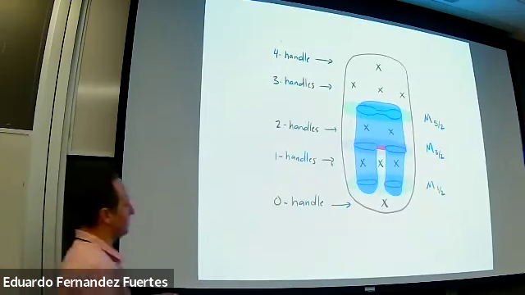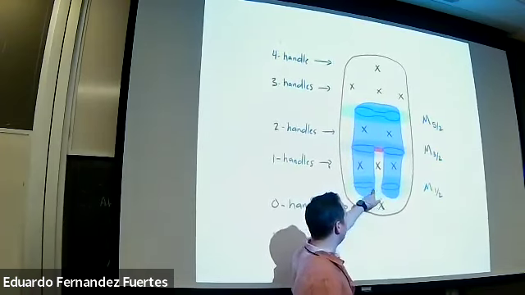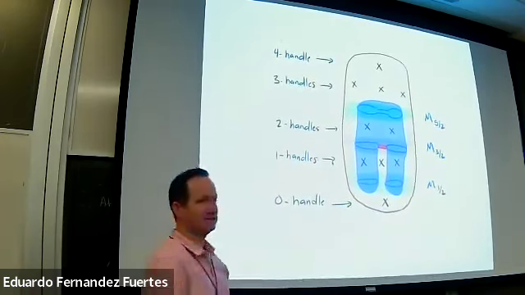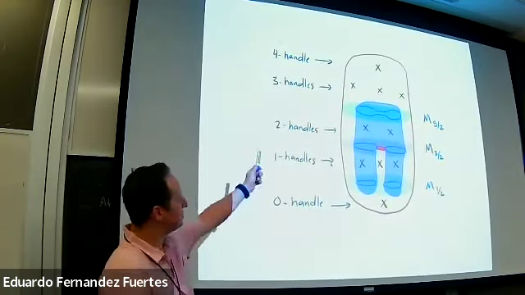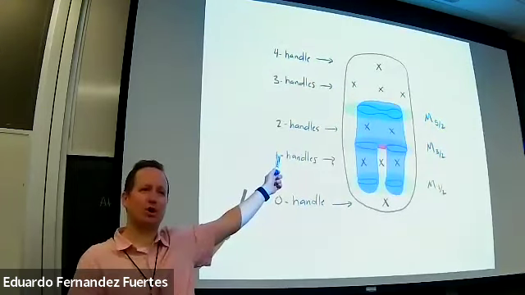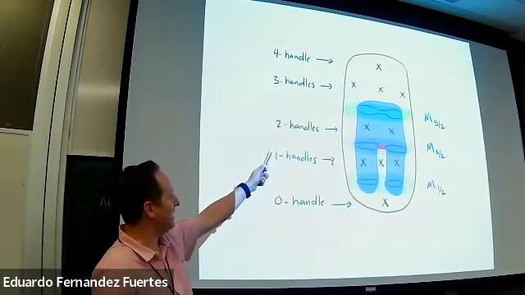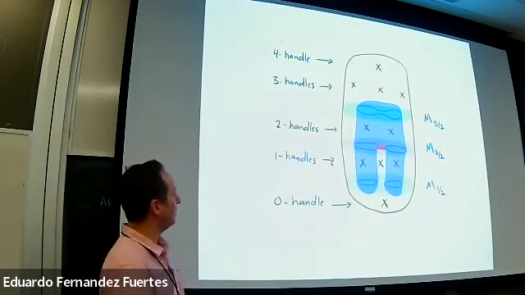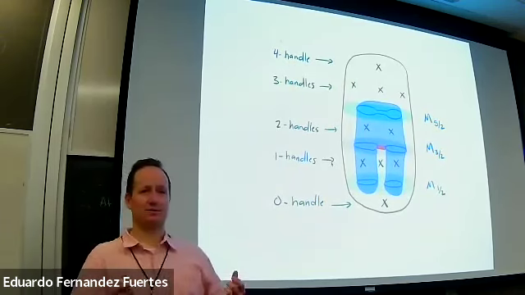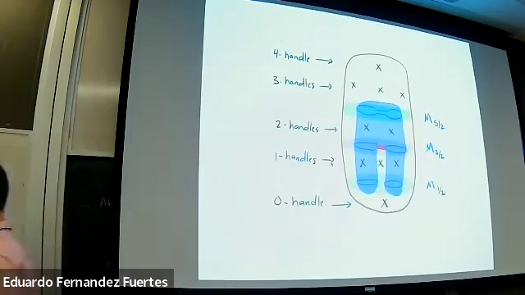And if this is an unlink down here, then we can cap this off uniquely with discs inside of the four ball or the zero handle. Up top, capping that off is a little bit more complicated. You have to think a little bit more carefully about that, because that top link is going to live inside the boundary of the boundary sum of a couple. Well, maybe I'll write this down.